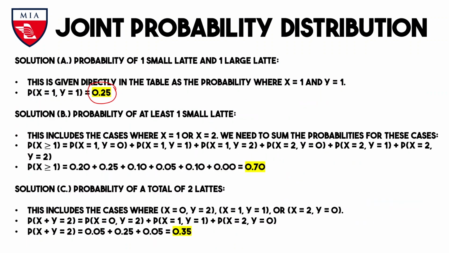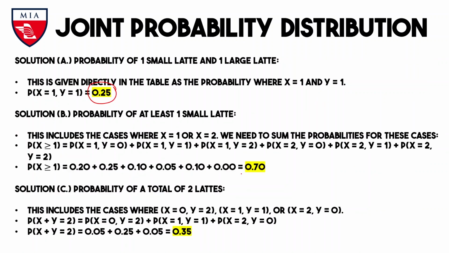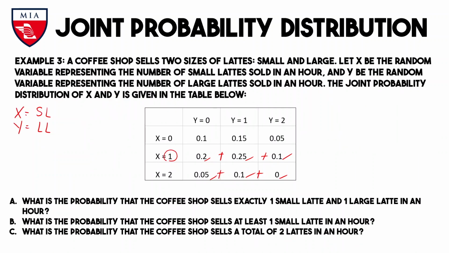All we need to do is add all the probabilities: 0.2 plus 0.25 plus 0.1 plus 0.05 plus 0.1 plus 0. If we sum it up, we have 0.70 as our probability of at least one small latte. If you look closely, in order to solve this problem, we just need to establish a table and examine it.